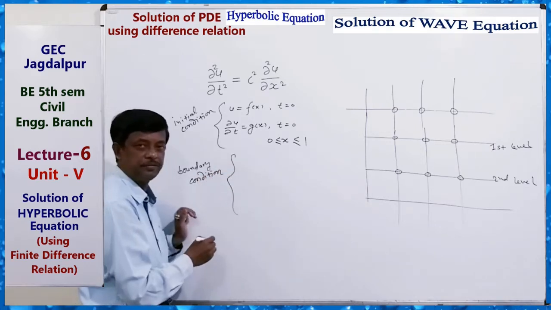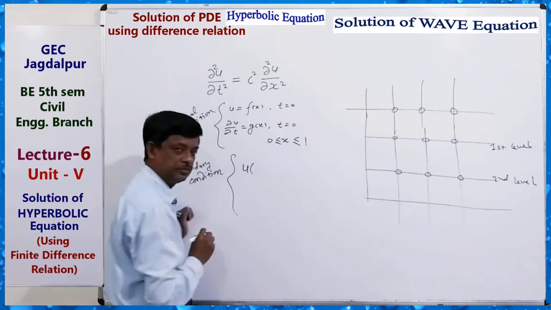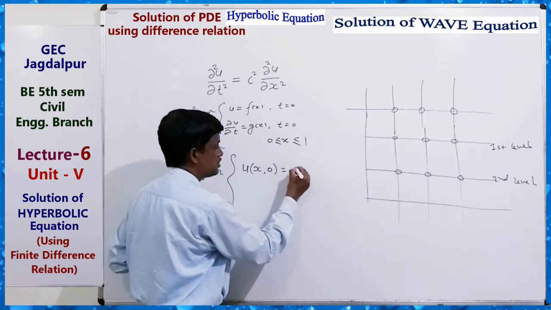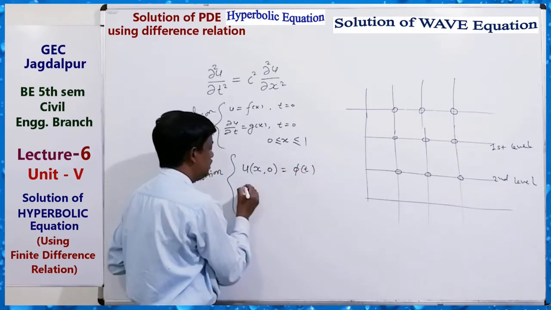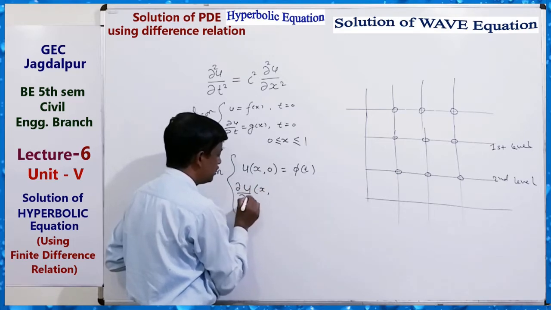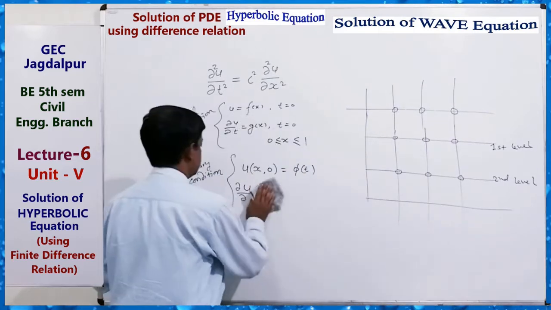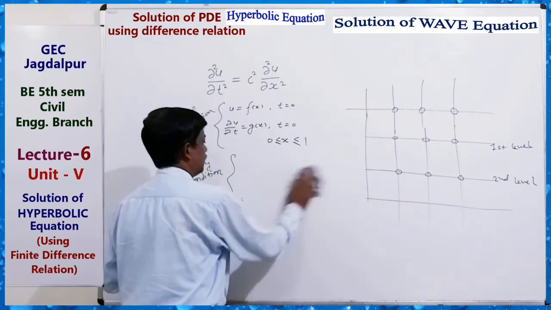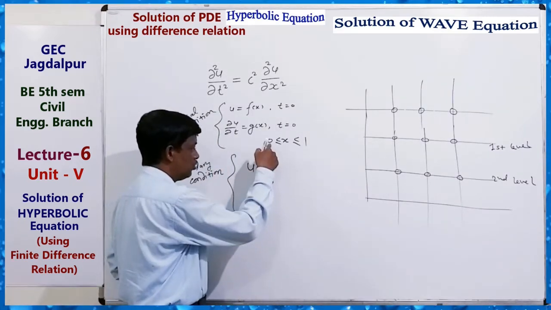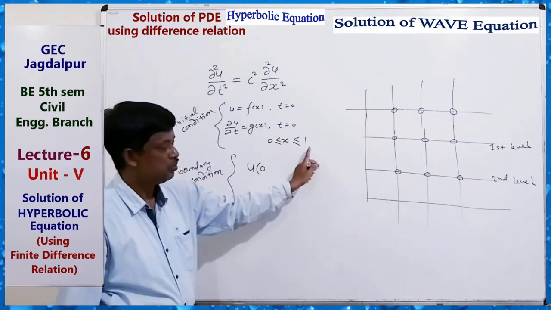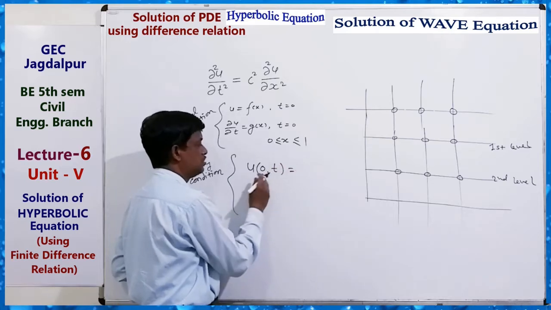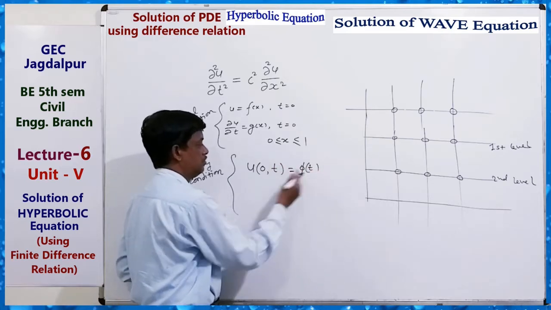The boundary condition is what? Because x is from 0 to 1, u(0,t) is equal to, suppose, a function phi(t), in terms of t.